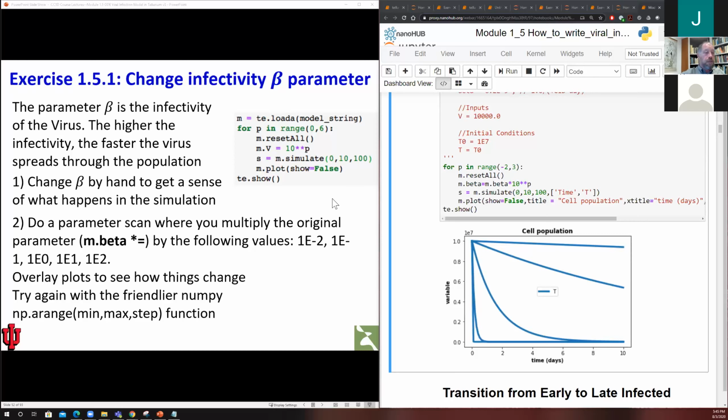Are you using nanoHUB or a different IDE? Did you get the same data sets though? You got two plots, but that's possible. Yeah, that looks fine.